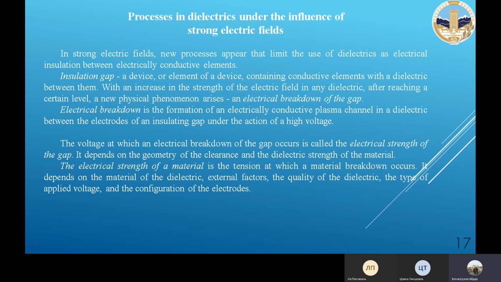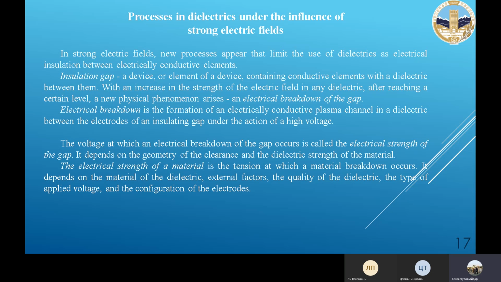The electric insulation of this material is restored. In solid dielectrics, the discharge channel destroys the material itself, and self-healing does not occur. It is almost impossible to apply voltage to the device after a single breakdown.